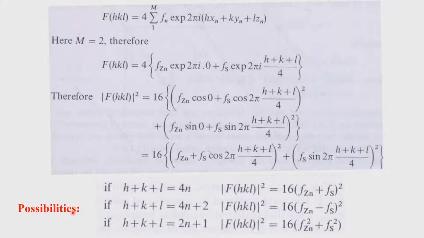So, remember, we have been discussing systematic absences in terms of lattice centering so far. We will also discuss the systematic absences which will come because of translations associated with the 2-1 screw axis or any screw axis and glide planes. This is with respect to the symmetry elements. But once we have these symmetry elements identified in the space group, we already know that there are what we call special positions.